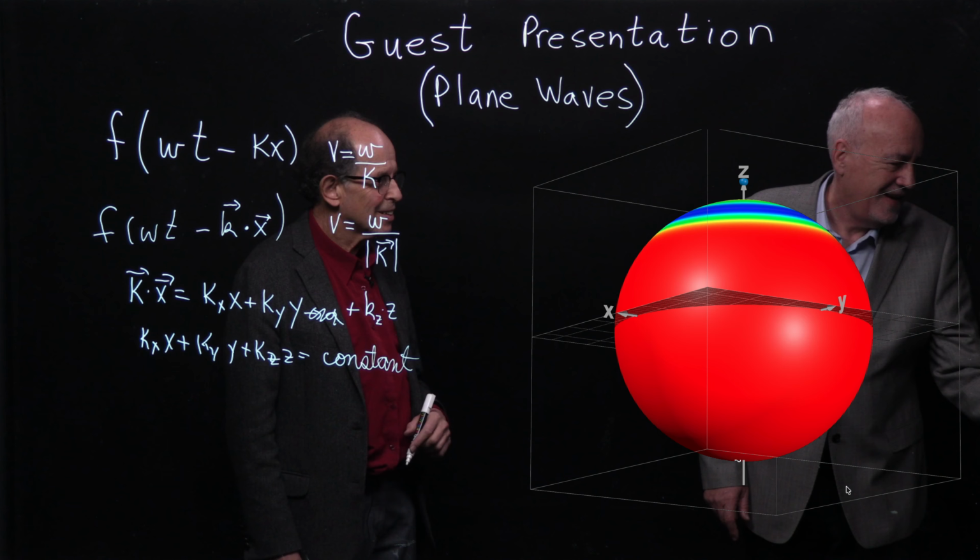So if we set this equal to a constant, say alpha, that means any x and y that satisfies this equation will have the same value of k dot x. And that means we'll be looking at that particular value, the argument of this function, this Gaussian.